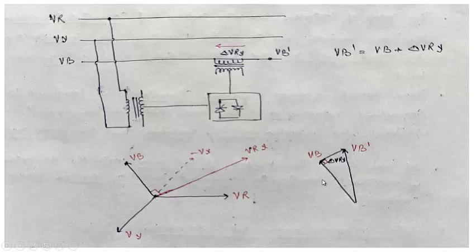Usually in practice, this is done in a manner so that this VB and VB dash are kept same. In that case, this angle will be slightly lower than 90 degree. So this is done by the other processes. But even if it is done in this case, this delta VRY is kept very small so that we can consider VB and VB dash to be same, because in that case also VB dash will be slightly greater than this.